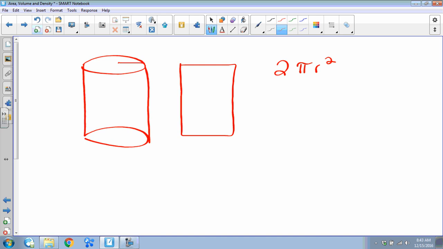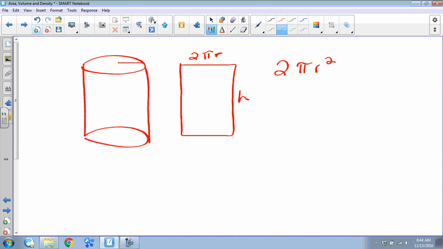So the length or the width is the circumference. It's 2 pi r, correct? And this is the height, right? So if I wanted to find the area of this rectangle, this is 2 pi r, and that's the height. Does that make sense? Because the length or the width is the circumference of one of those circles.